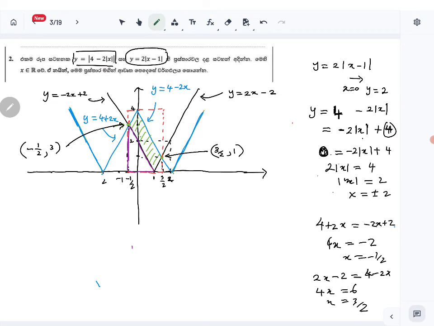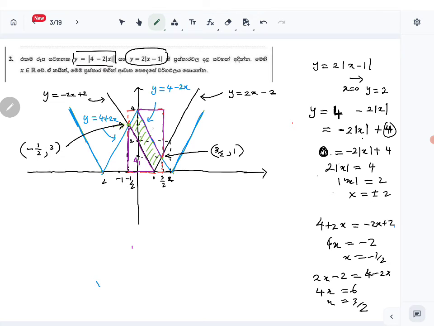This purple one, this purple one. These are easy to find, no? These are right angle triangles. Height and base are easy to find because we know all those coordinates. So those ones are easy to find.